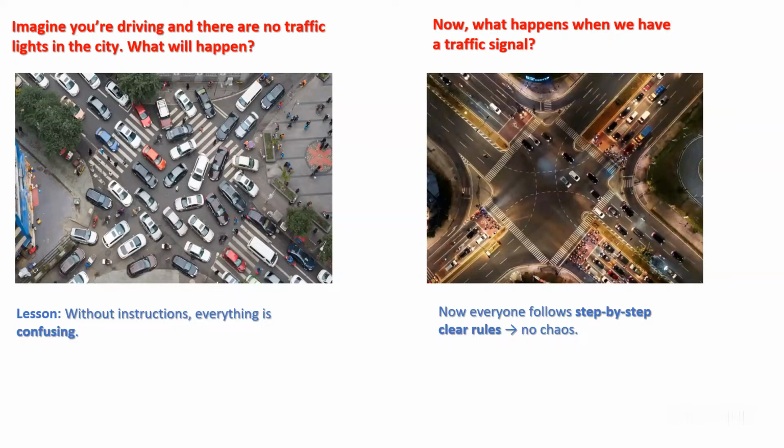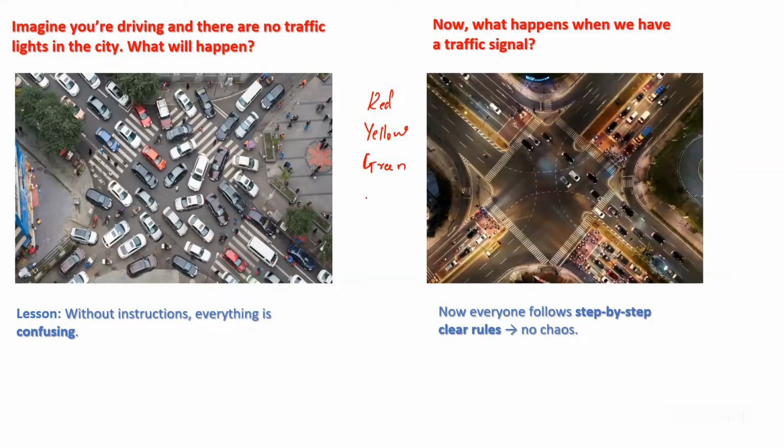Yes. Now, you know that inside a traffic signal, if you have a red signal, what will you do? Stop. We have to stop the vehicle. Okay, yellow. Get ready. Okay, green. You can go.